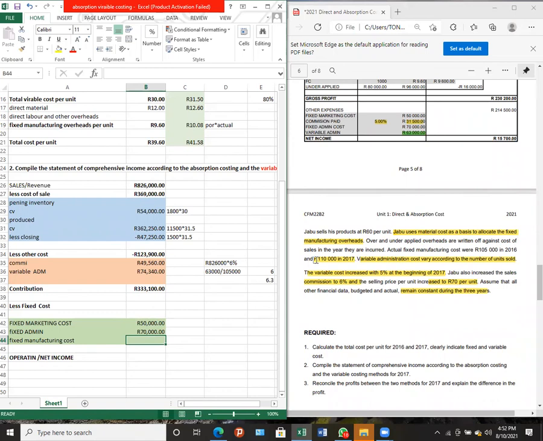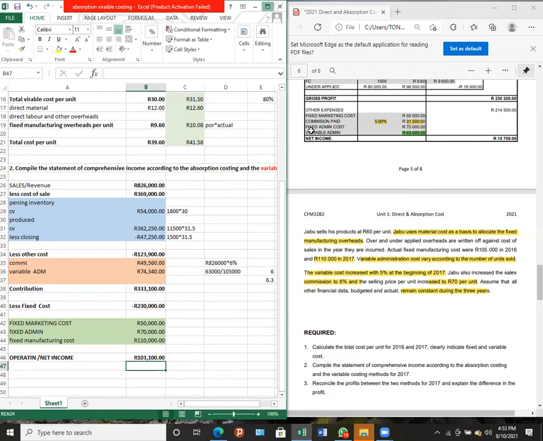Here they gave us the fixed manufacturing overhead in 2016 is this, and 2017 is 110,000. And then to get this is equal to this plus this plus this. And then operating income, or net income, is equal to contribution less other fixed costs.